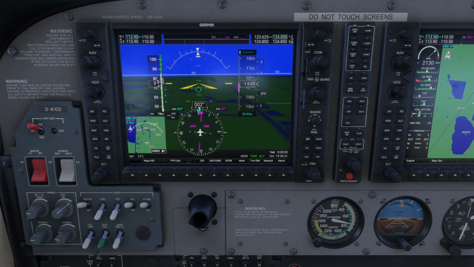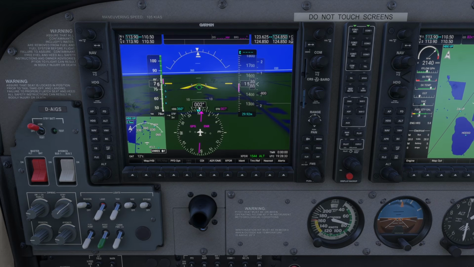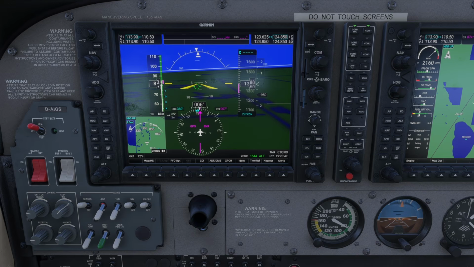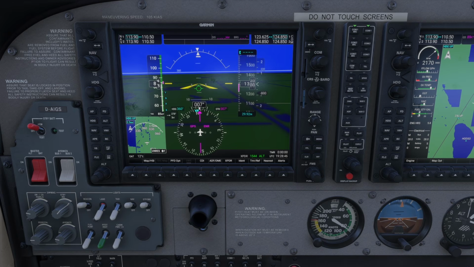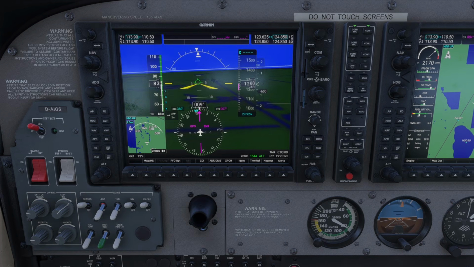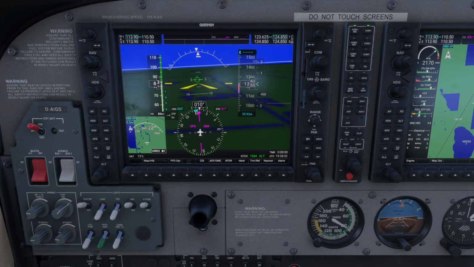You can still see that there is some difference, but the difference becomes less. It's hard to see, but the difference becomes less compared to previously, when we were flying at a slower speed. So super interesting to also see this working in Flight Simulator 2024.